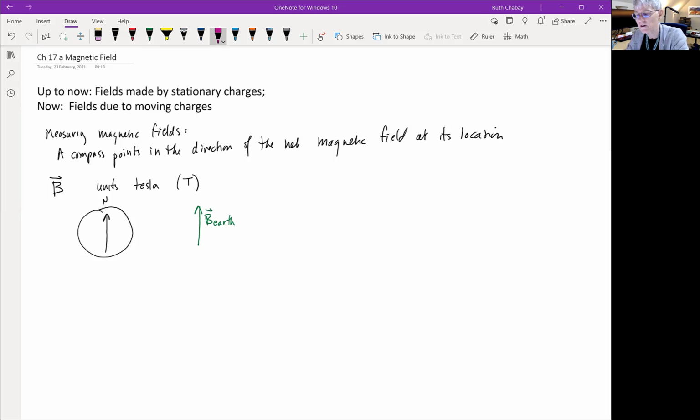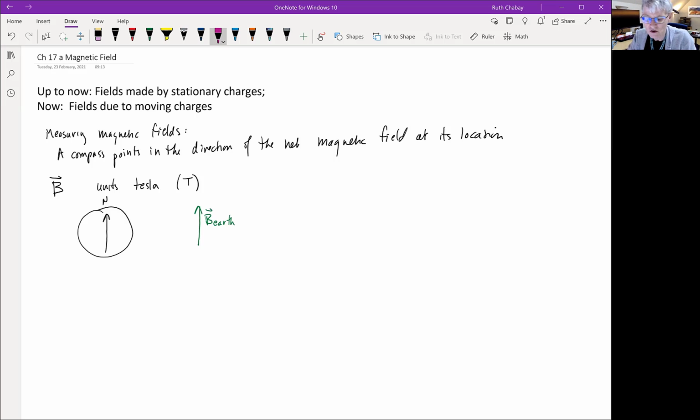And where we are at our location, the magnetic field of the Earth is actually not quite parallel to the surface of the Earth. It actually is a little bit inclined. But what we measure when we put a compass on a flat surface is the horizontal component of the Earth's field.